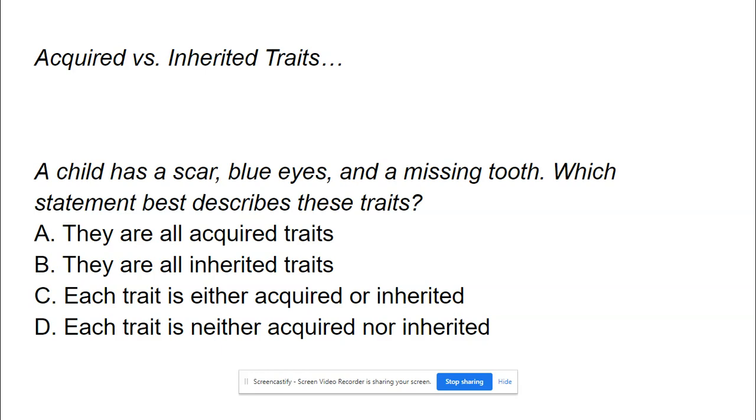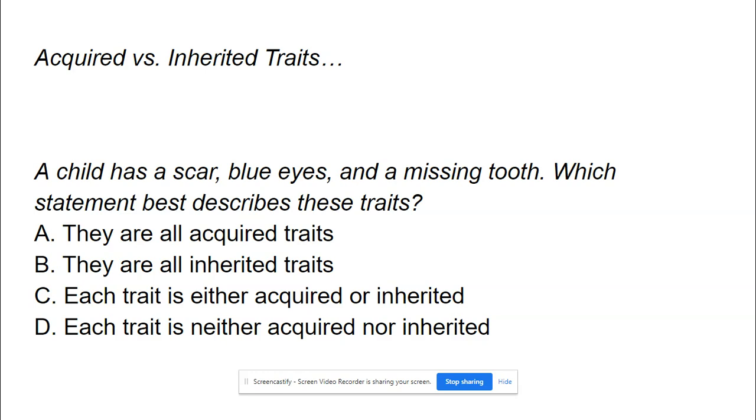You have acquired traits, and acquired is something that you learn. It's taught, versus inherited is something that you truly have no control over. Acquired may also be an environmental factor.